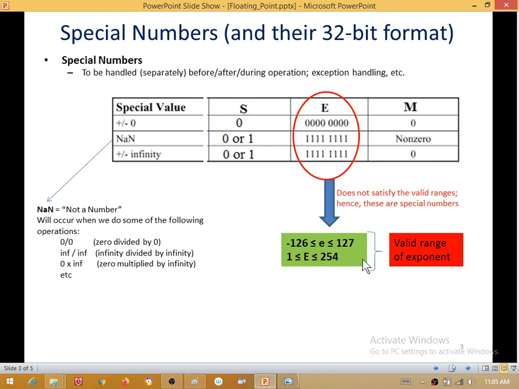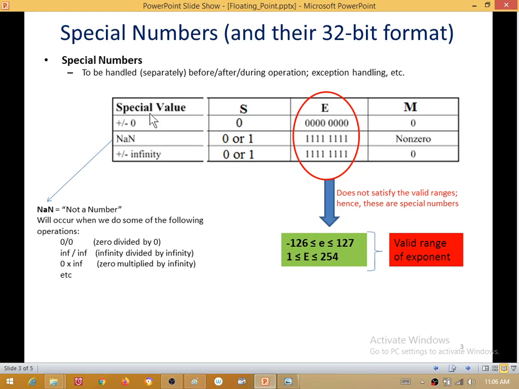And remember that we have said that the valid range of capital E is from 1 to 254, which means the value 255 has been kept aside for this very purpose, where it can, for example, represent the NaN. Similarly, if you do infinite divided by infinite, you don't know the answer and it is defined as not a number. If you have 0 multiplied by infinite, can also lead to NaN and so on.